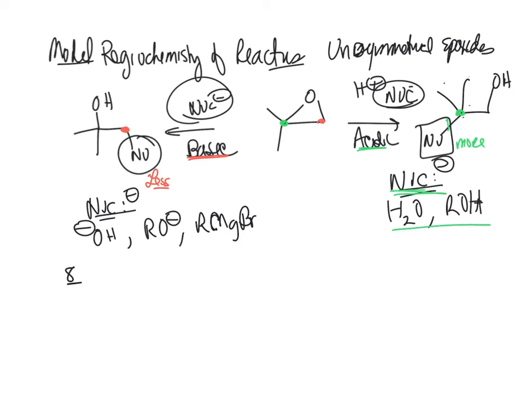Are they strong or weak? Well, they don't have a negative charge, so these are weak nucleophiles. Under basic conditions, these have a negative charge. They're basic. If the nucleophile is the same for the acidic and basic conditions, the relationship between the two products would be, so they have the same molecular formula, but they have different connectivity. What would that be?